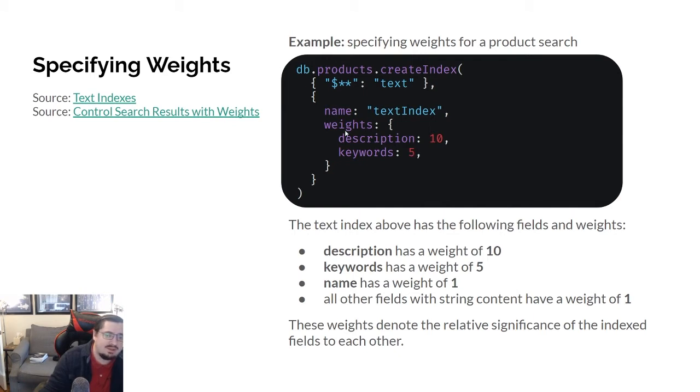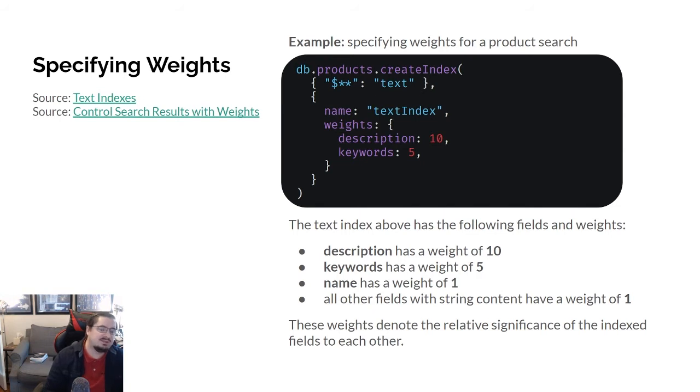So what that means is, and you can see this is in the second argument, so this is the options object, is this whole thing. So that options has a name and it has weights. And remember that any field that I don't specify a weight for is going to have a weight of 1. So in this example, I'm giving the description a weight of 10, keywords a weight of 5, a name of weight of 1, and then all other fields that have string content are also going to get a weight of 1.